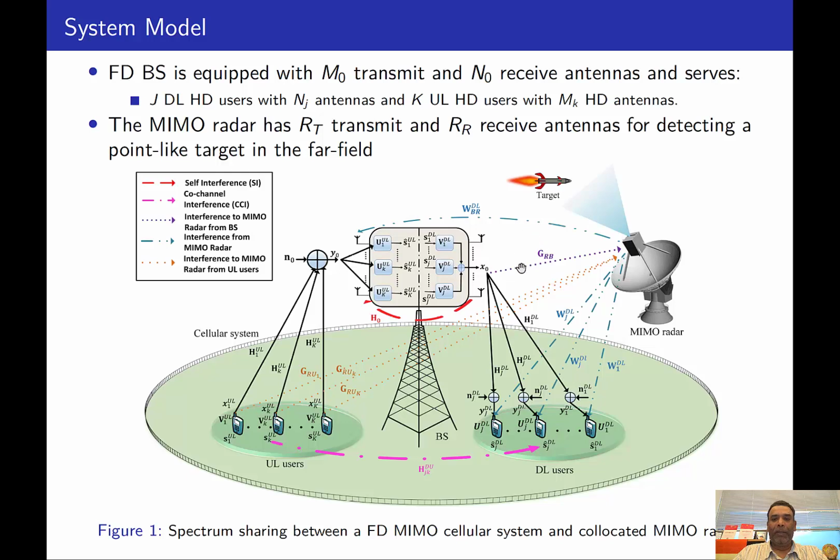If we can minimize these interferences, then we will be able to show this coexistence of these two systems. So this is the issue in spectrum sharing: if you try to share the spectrum, there is interference. So we need to manage this interference effectively. Then the coexistence is possible, even if we use full duplex on top of that to further enhance spectral efficiency.